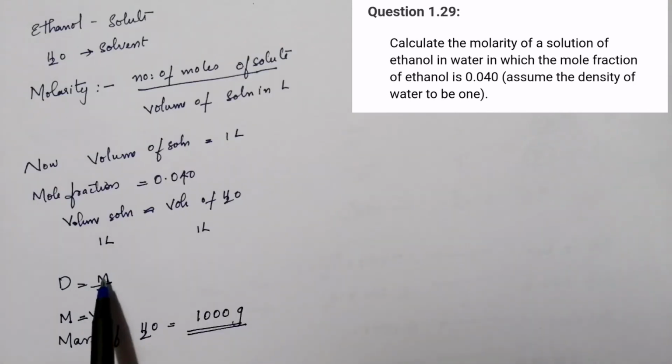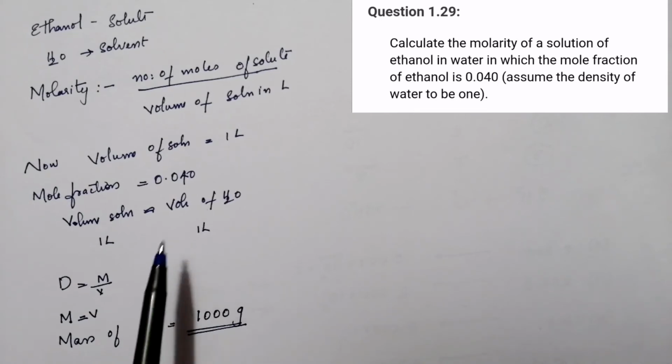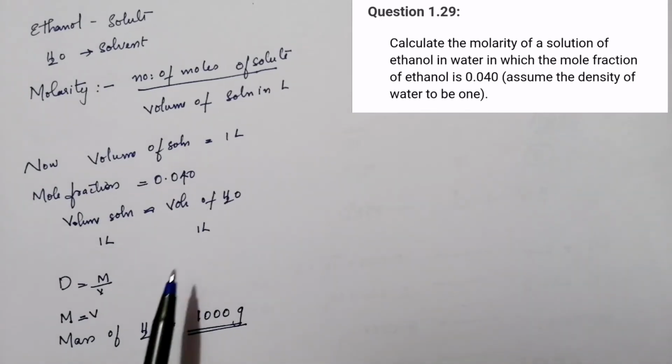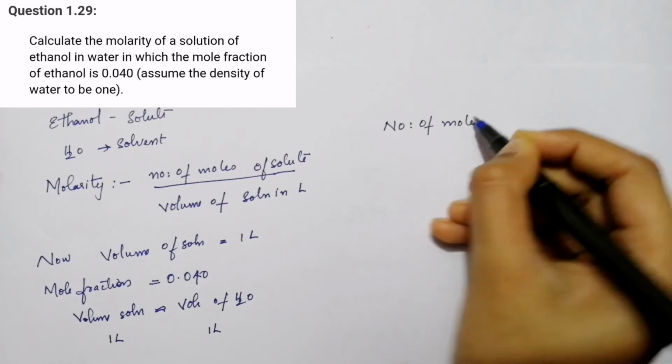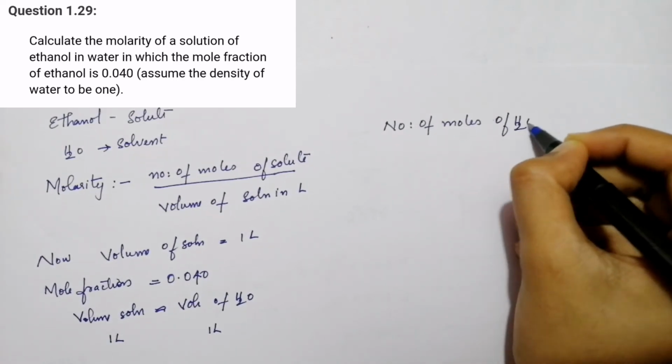Now, density is equal to mass by volume. In the question it is provided that density is 1. Therefore, we can rewrite this equation as mass is equal to volume. So, we get the mass of water to be 1000 grams. Since we have the volume of H2O to be 1 liter, we can say the mass of water is 1000 gram. Let us try to calculate number of moles of H2O or the solvent.